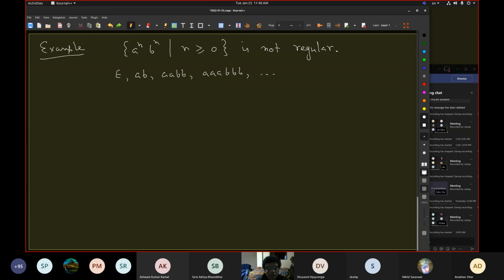And when we study context-free languages, we'll use a stack to remember this n and then verify that exactly the same number of b's come. But this is still an intuitive understanding. This is still not a proof that this is not regular. So for a formal proof, I need the pumping lemma.